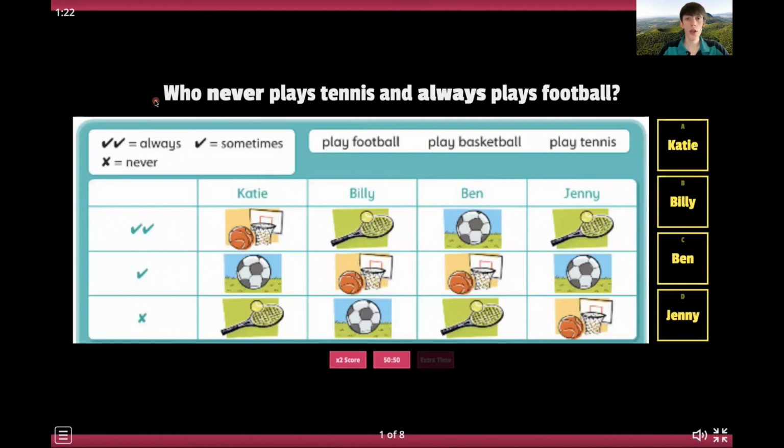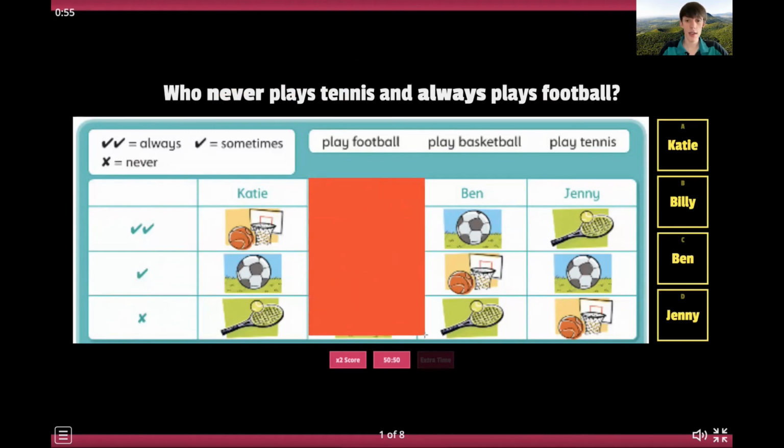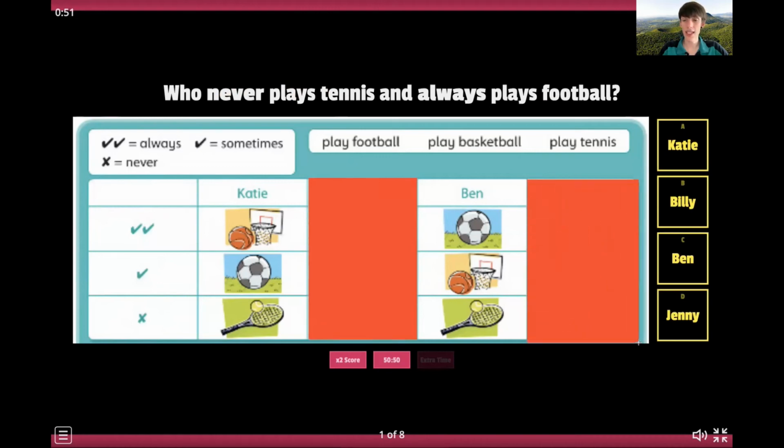So, step 1, read the question. Who never plays tennis? Let's see. Never is here. So who never plays tennis? Katie never plays tennis. And Ben never plays tennis. So we can look at just Katie and Ben, because we know they never play tennis.